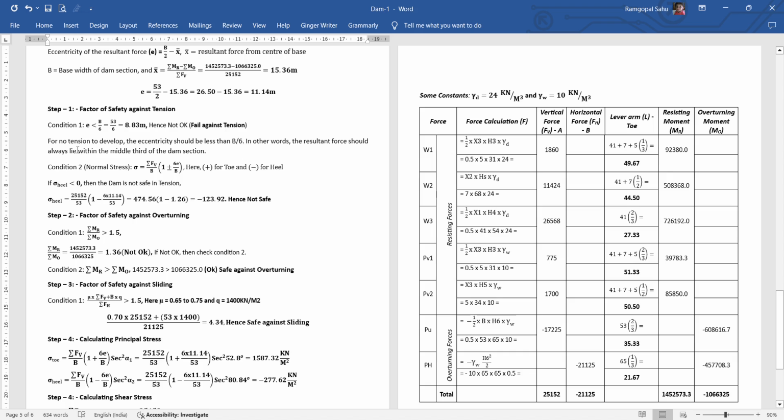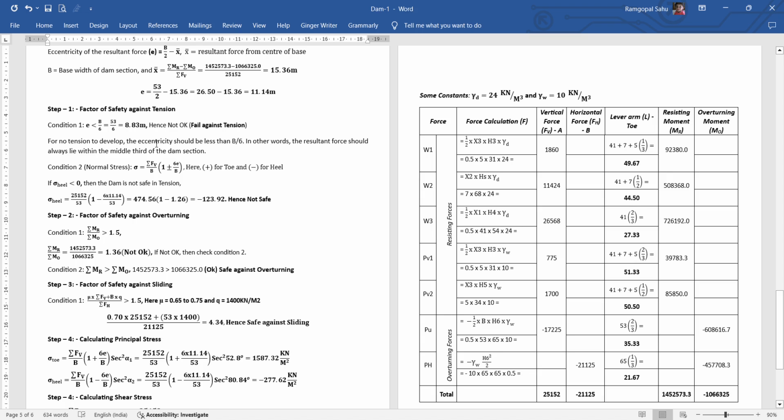So for no tension to be developed, the eccentricity should be less than B by 6, or in other words, the resultant force should always lie within the middle third of the dam section. Some other points regarding the value of eccentricity: if the eccentricity is less than B by 6, then the base of the dam section experiences compressive stress.